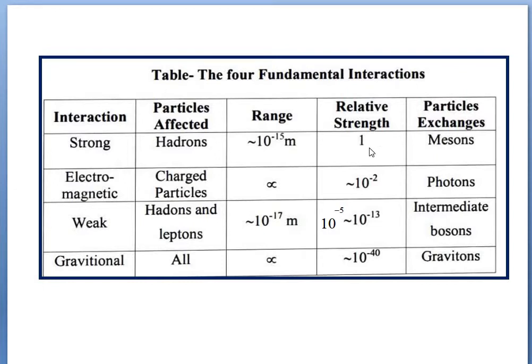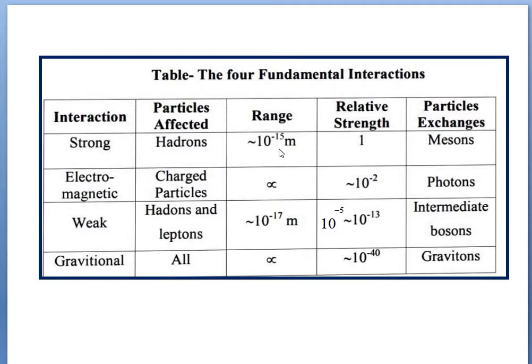Compared to the strong force, the electromagnetic force is 1/100 times weaker, the weak force is 10^-5 times weaker, and the gravitational force is around 10^-40 times weaker than the strong force.